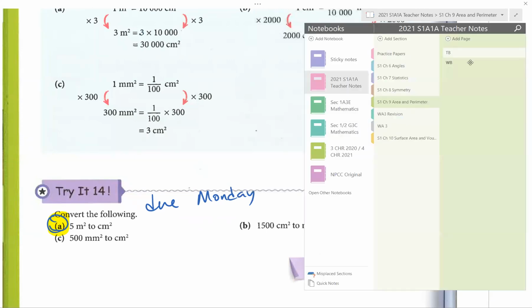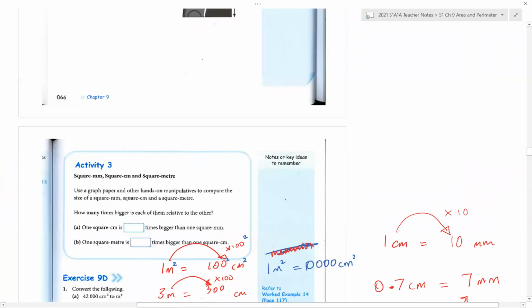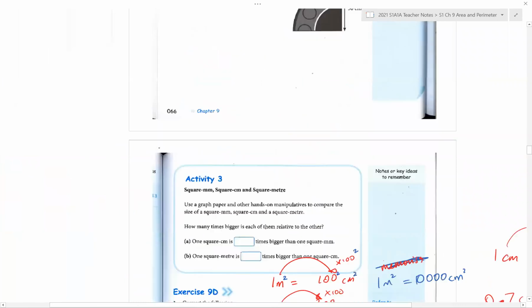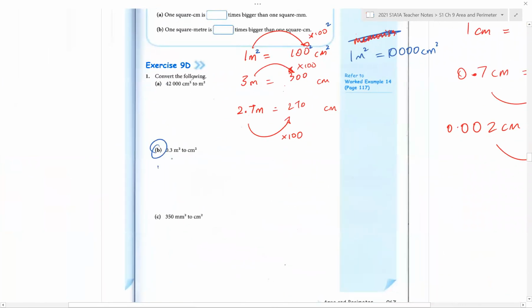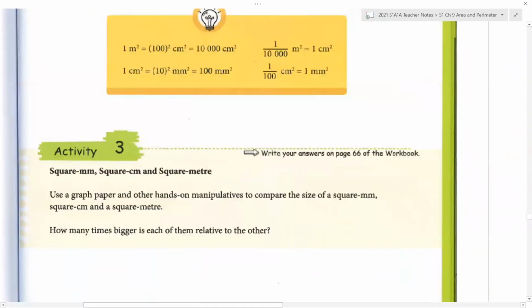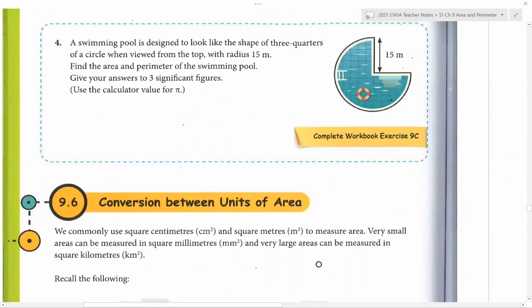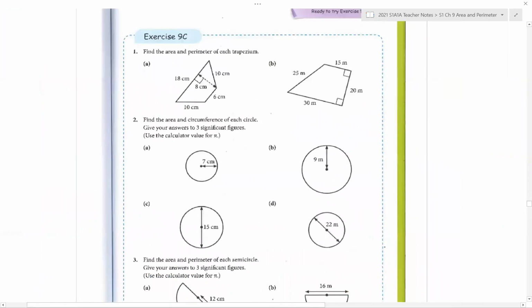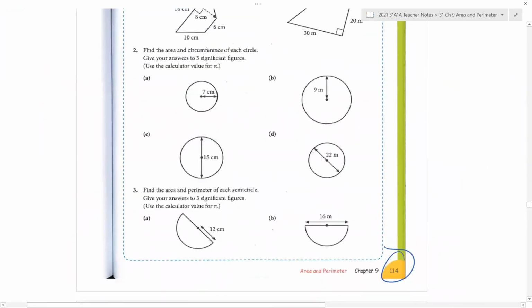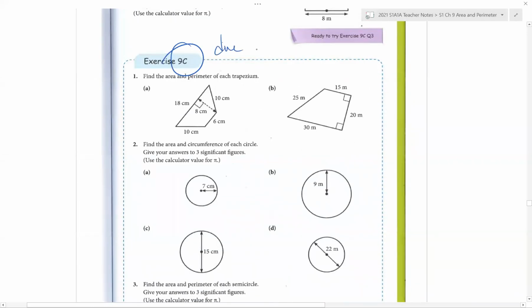Okay, so workbook part B. Actually, textbook, I forgot to tell you. We have all these questions over here. Exercise 9C, page 114. Everything. 1, 2, 3. Due Monday. Any questions about the homework? Class 10.